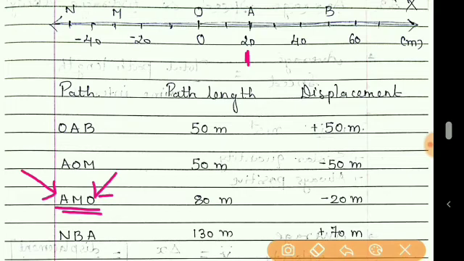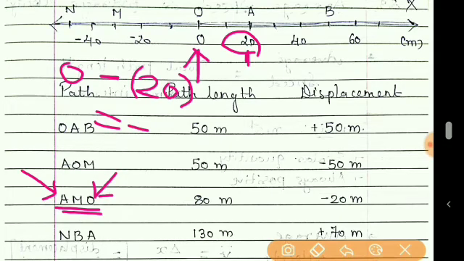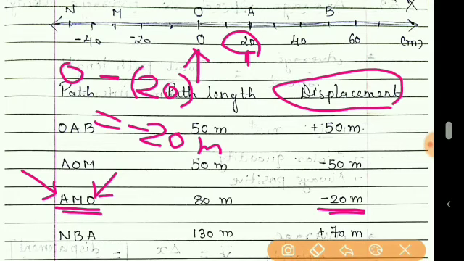It is point A. So if we consider final position minus initial, here you can see the final position is 0 minus initial position, which is 20. So if we do final minus initial, you will get minus 20 meter, which is nothing but the displacement.